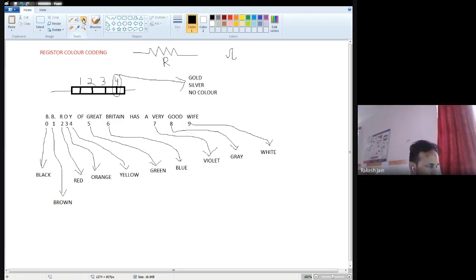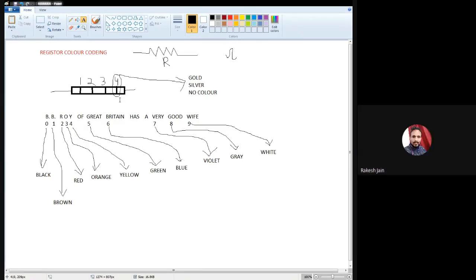In any resistor you purchase from the market, you will see 4 color lines. The fourth color is the one in which you will see either gold, silver, or no color.